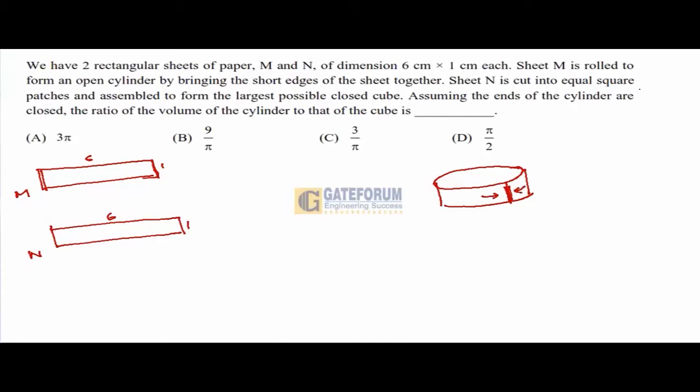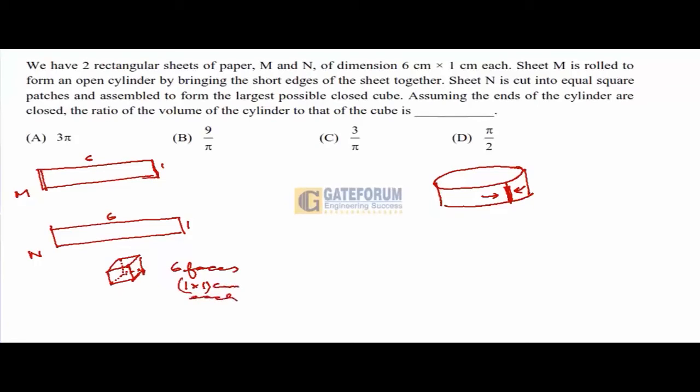Sheet N is cut into equal square patches and assembled to form the largest possible closed cube. Now if a cube has got to be closed, say like this picture, this is a closed cube sort of. The first thing that we notice, that a closed cube has 6 faces, and because it is a cube, if one of the sides is 1, then 6 faces of 1 into 1 centimeter each.